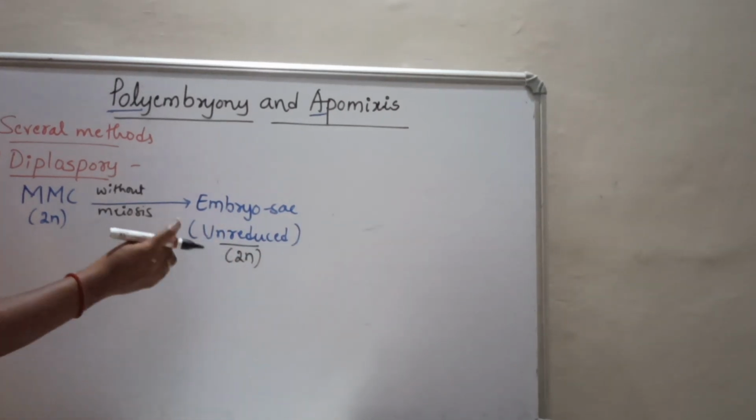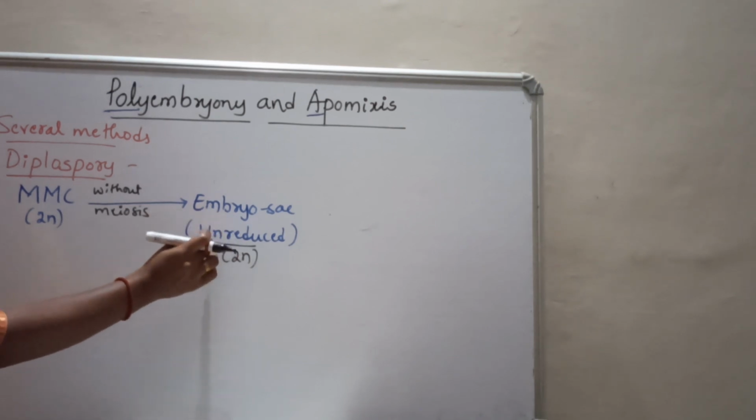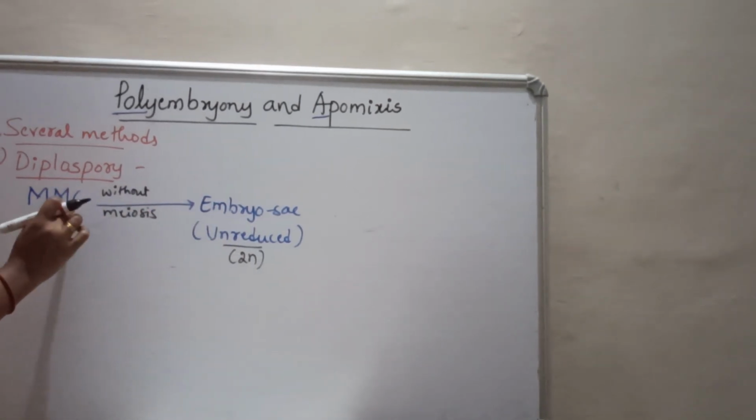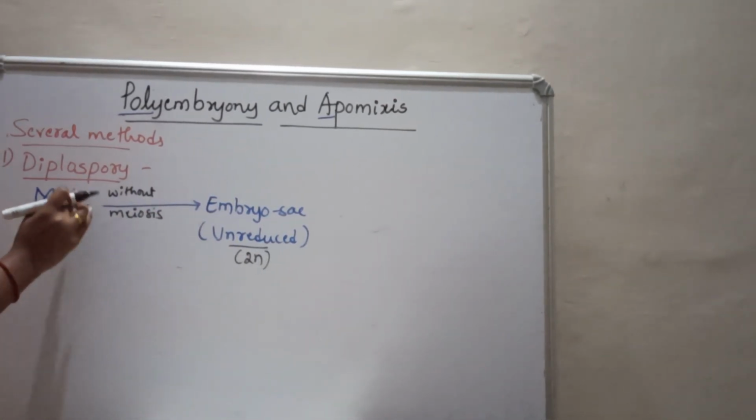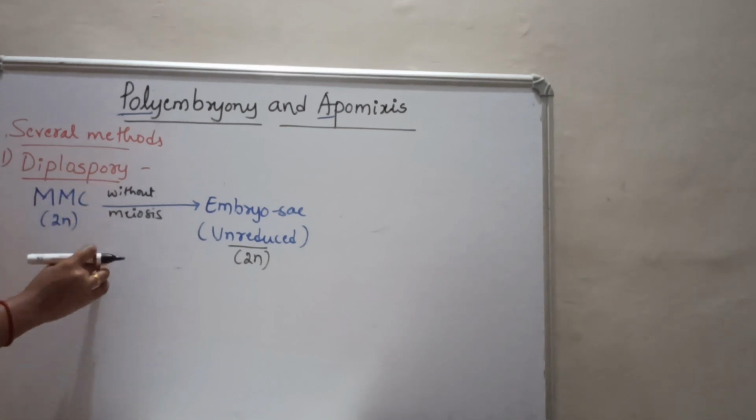The formation of an unreduced embryo sac from the megaspore mother cell is called diplospory.